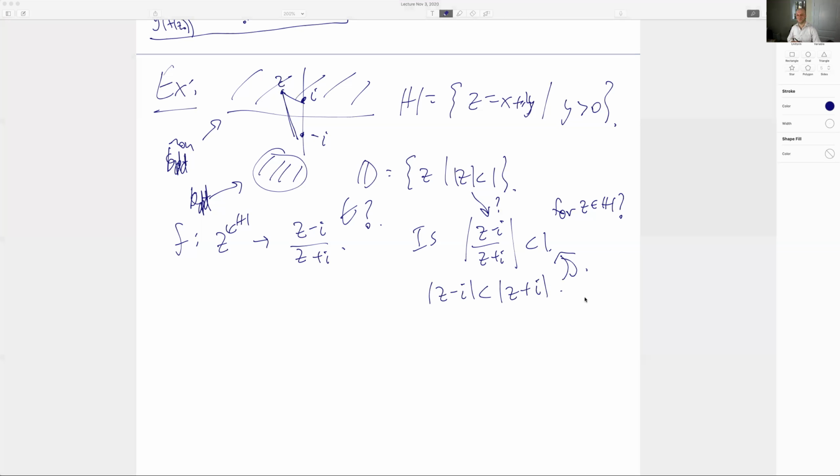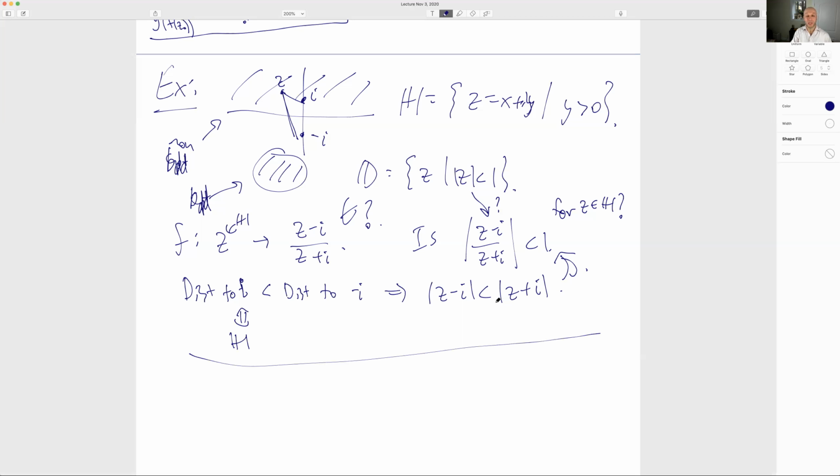See that? So the distance to i is less than the distance to minus i if and only if you're in the upper half plane. And that, of course, is what tells you this.